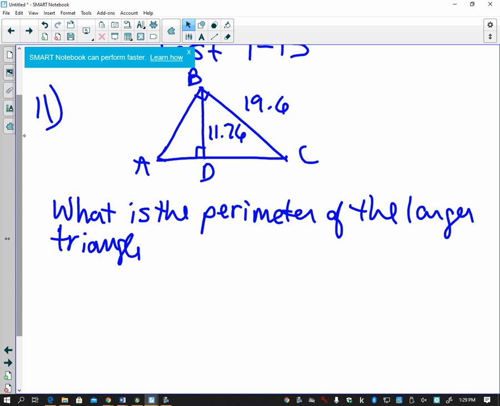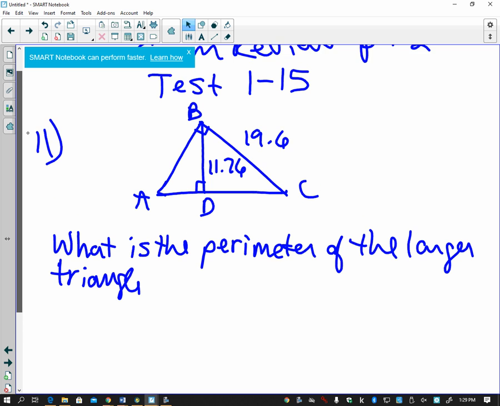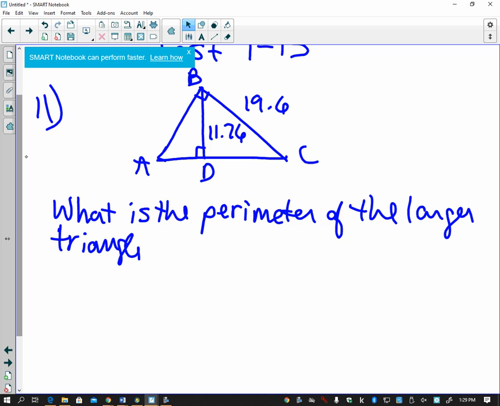I'm almost tempted to take this question off because it's so difficult. Because really the measurements that we're looking for here, we need to find this measurement, we need to find that measurement there, and we need to be able to add it to 19.6. All right, those 2 measurements.